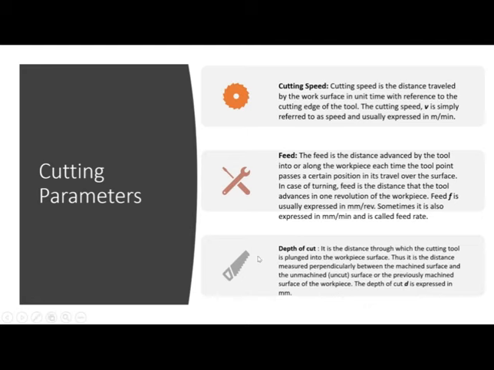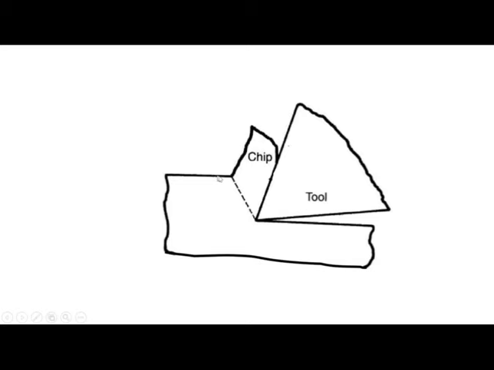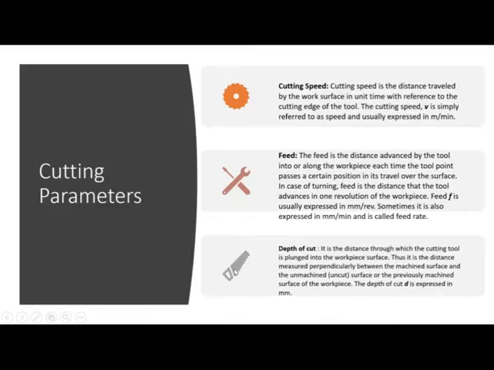In the previous slide you may observe that the distance from this tool edge to this workpiece surface is called the depth of cut. This much amount of material is going to be removed from this workpiece. So these are the cutting parameters.